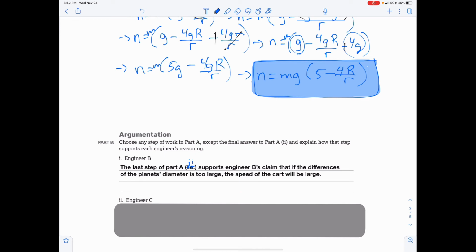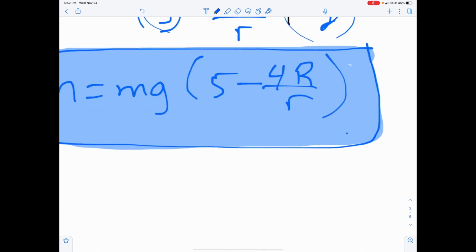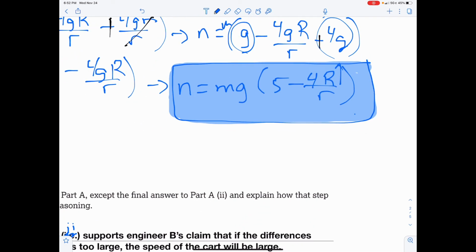So if this planet's diameter is way, way too large, then that is going to make this whole value larger, which brings this value to 0. And when you bring the normal force to 0, or even less than 0, then you lose contact with the track.